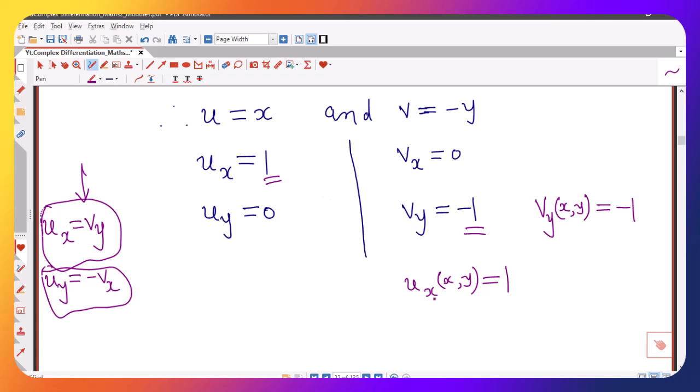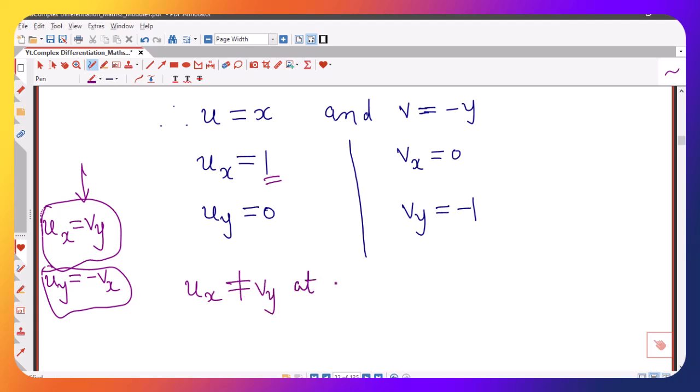Therefore, we can say that these two functions are different at every point in the complex plane, or we can say that del u by del x equal to del v by del y is not satisfied at any point in the complex plane. So here we write that del u by del x is not equal to del v by del y, and this is at every point. Both are different at every point z equal to xy in the complex plane.